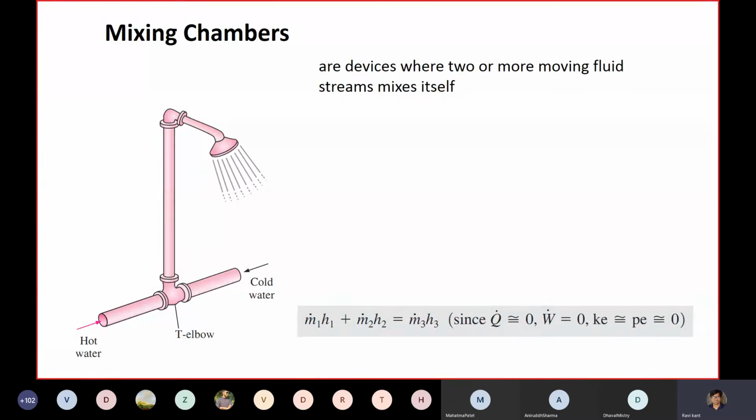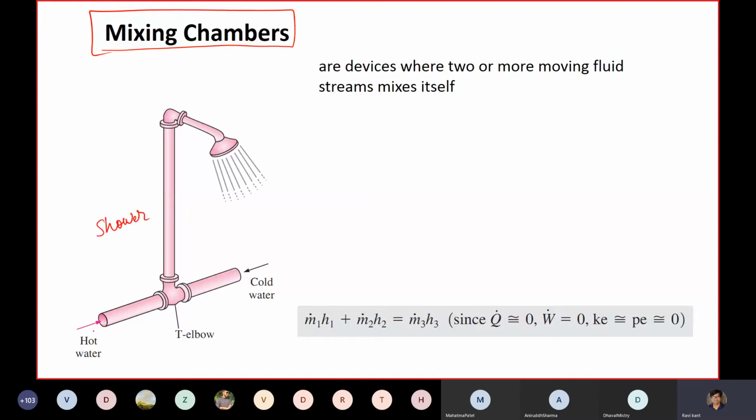Okay, the next device I want to talk about is the mixing chamber. The most common example of a mixing chamber, and this is an open type system again, is your shower.